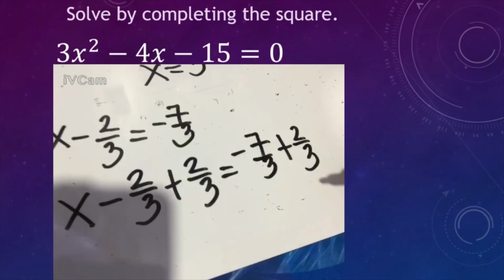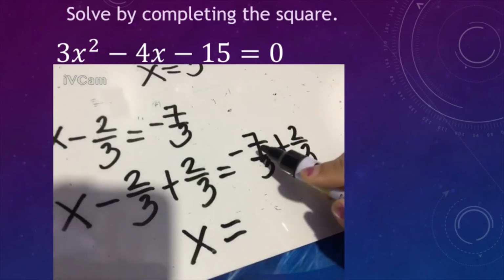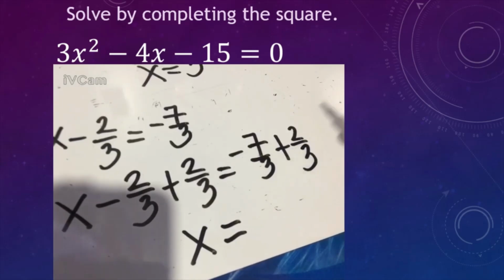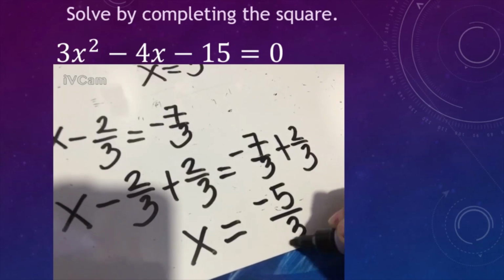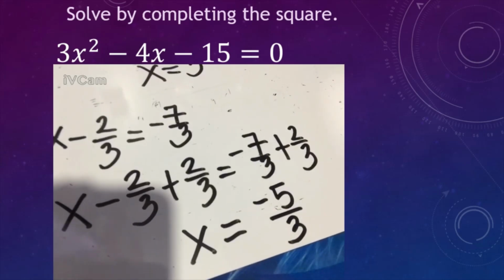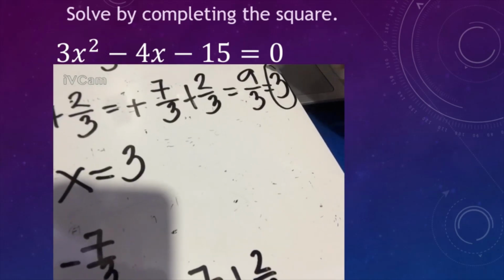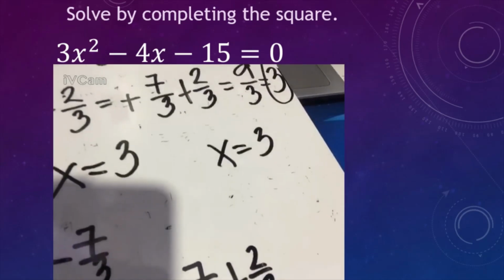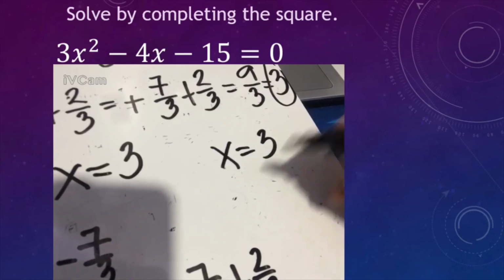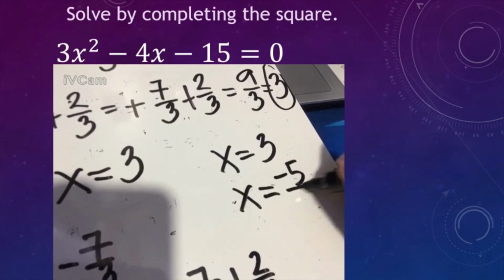So the resulting equation now is x is equal to negative 7 plus 2. That is negative 5 over, copy the common denominator, which is 3. So we have two solutions. First is x is equal to 3 and x is equal to negative 5 over 3.